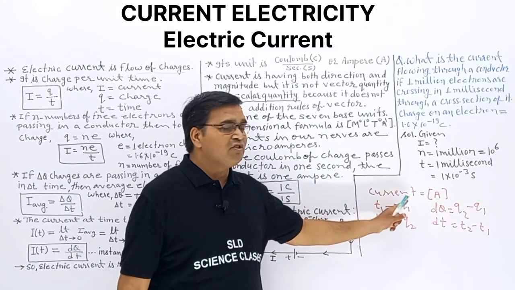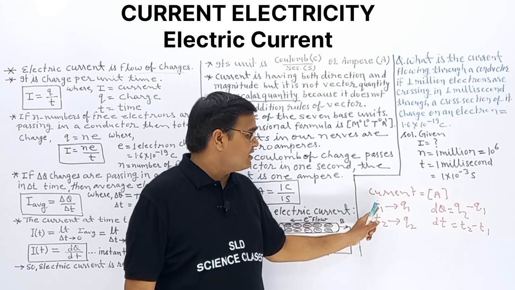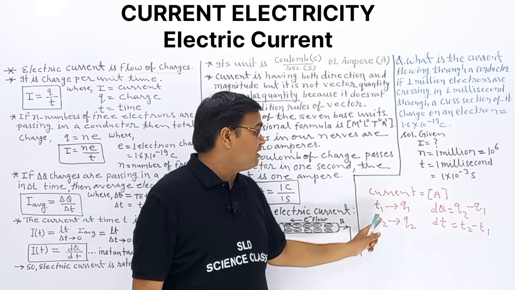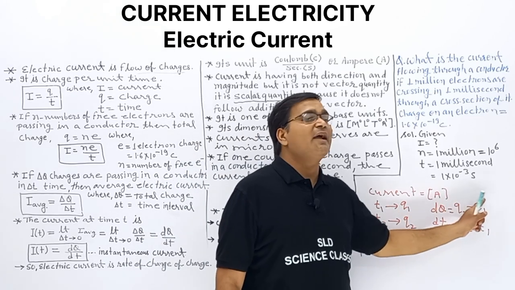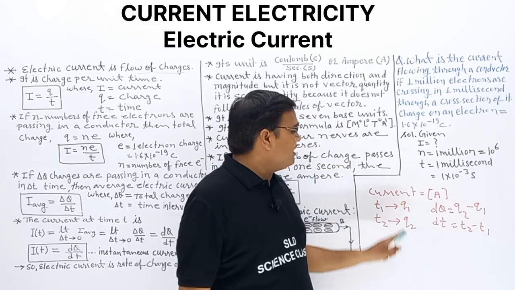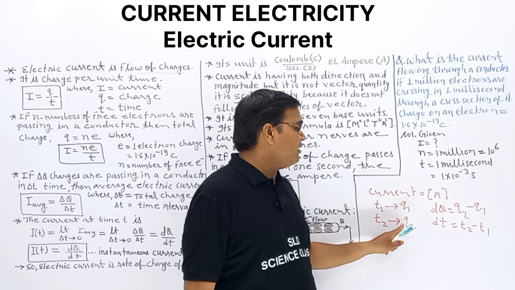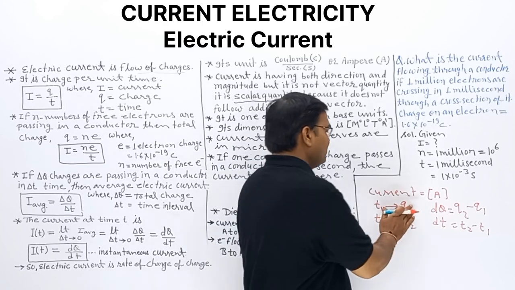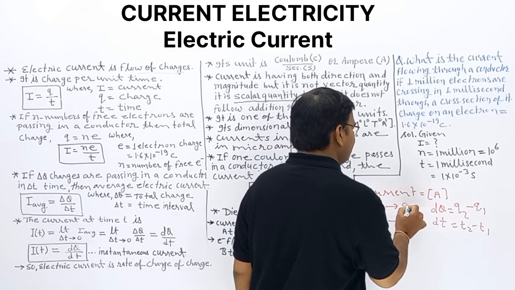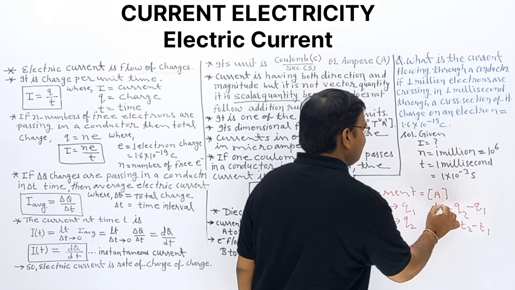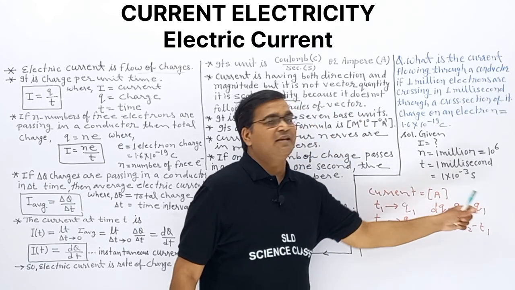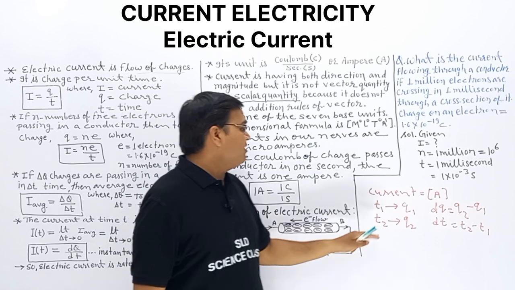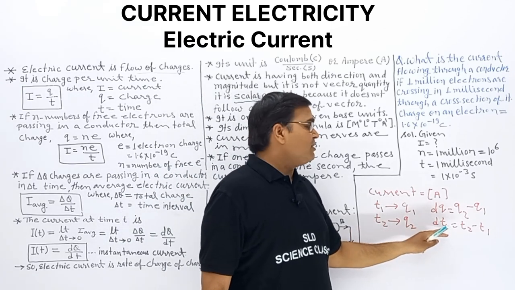At time t1 charge is q1 and at t2 charge is q2, then dq will be q2 minus q1. We can use capital or small letters, there is no problem. And delta t, the change in time, will be t2 minus t1.